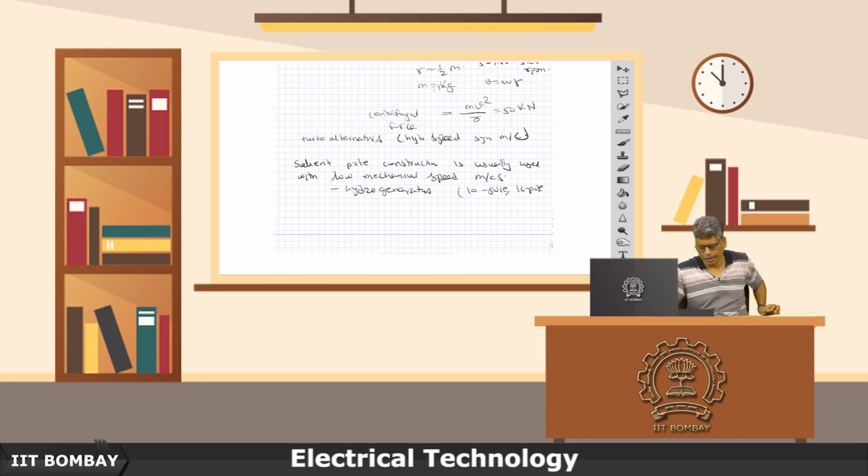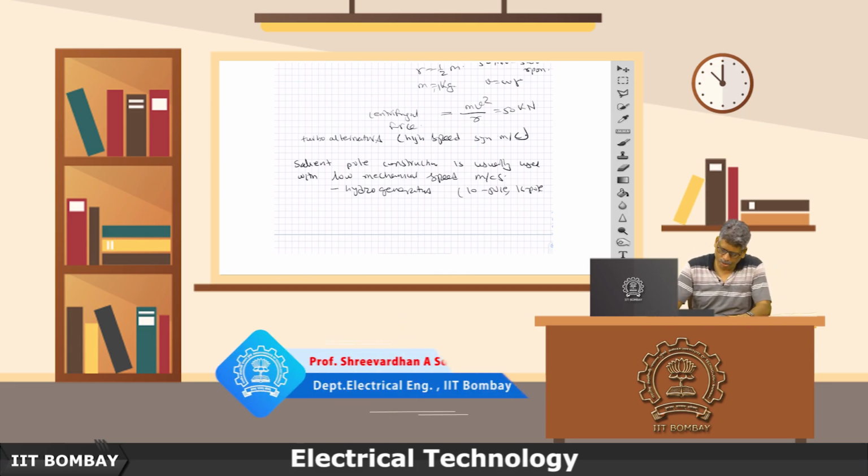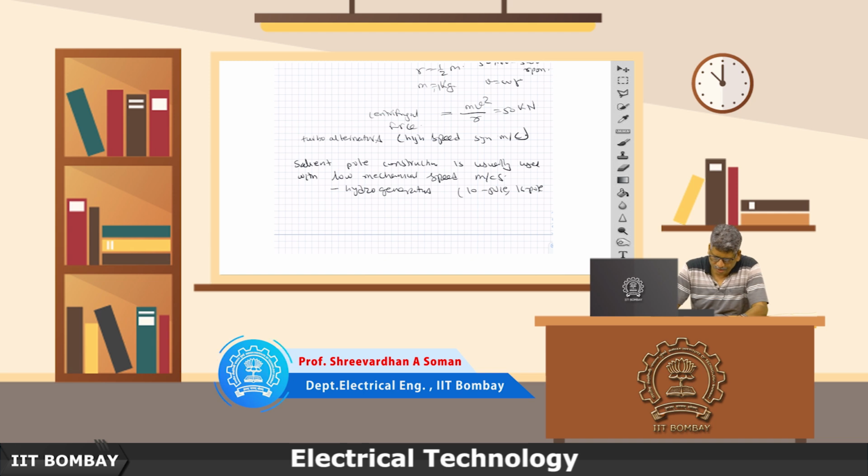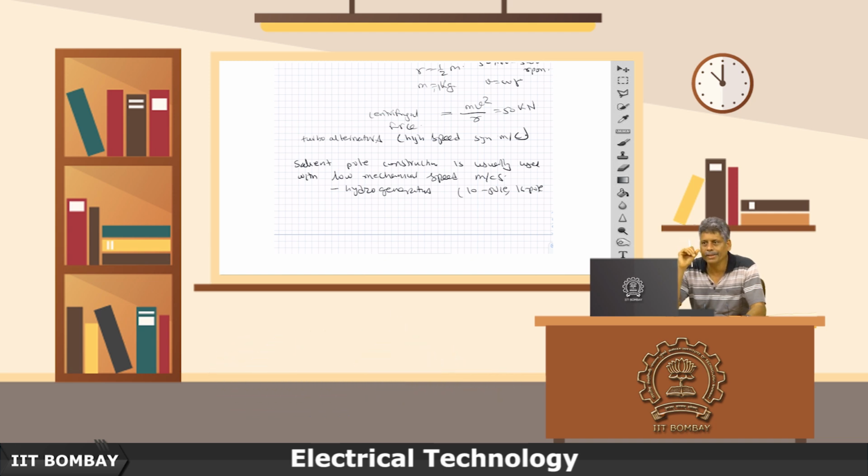Okay, welcome back. So, today we will start with alternator windings. That is the first topic that I am going to take. My idea is basically to explain to you the construction of the stator and rotor in a generator, a synchronous machine, also called an alternator because it produces alternating currents and alternating voltages.